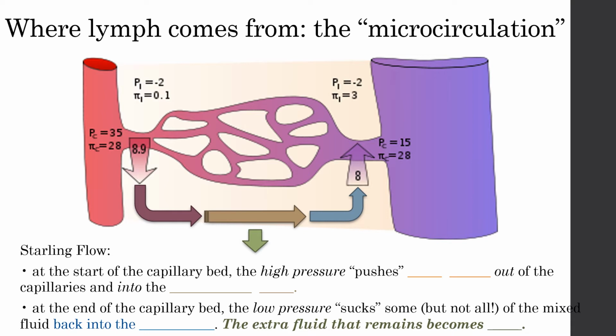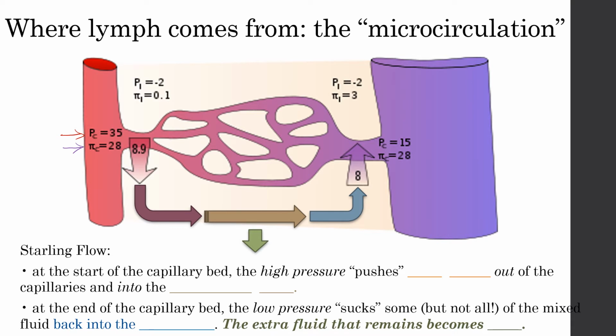Let's put some numbers to it. Blood has two pressures that we are concerned about. One is called the capillary pressure, or the hydrostatic pressure. That's the actual blood pressure that you can measure with a blood pressure cuff. The other is called the osmotic pressure, and it's represented, instead of with a P, with the Greek letter pi.